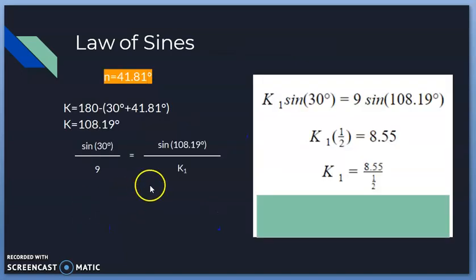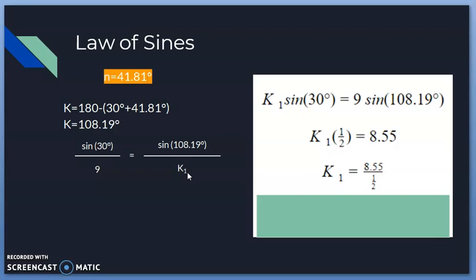So since we know angle K, we can now put this into the law of sines. So we have the sine of 30 degrees over 9 is equal to the sine of 108.19 degrees over K. So I'm labeling this as K1 because there's a possibility for a second triangle, which we'll get into in a bit.